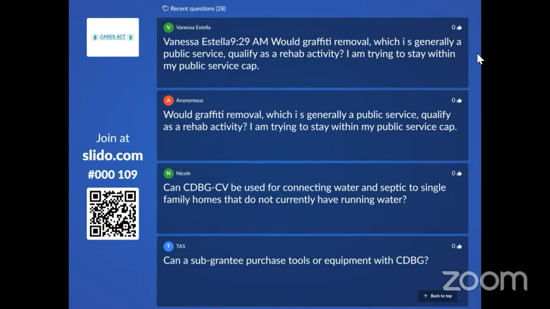Would graffiti removal, which is general public service, qualify as rehab? I'm trying to stay within my cap. Graffiti removal is usually looked at as a public service. The only way it would be looked at as rehab, it would take more extensive work than just painting over it.